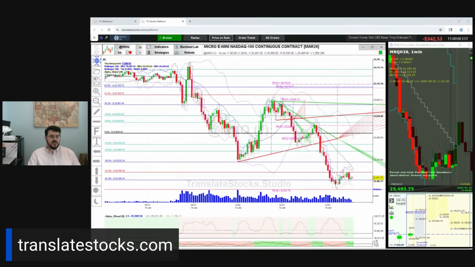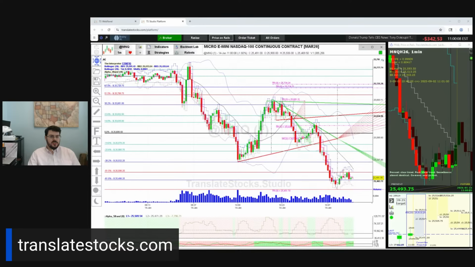So the trend here is to go down to 25,451, but it's trying to test this resistance, the continuation of the trend line of the triangle here.